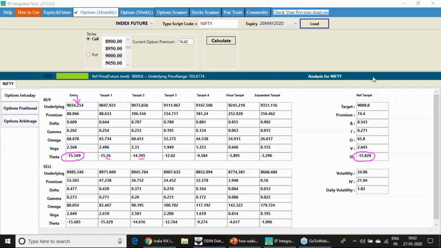So here I'm wrong. Here the future price is being taken. The reference price is clearly mentioned here: future price. Venkat ji, you are correct. So here the future price 9034 or 80, whichever comes faster, you have to take. Wherever we have used the spot price, we have mentioned that.